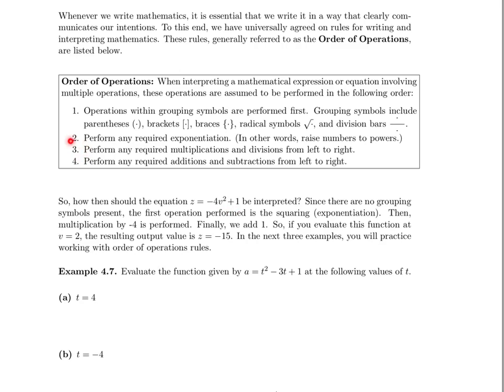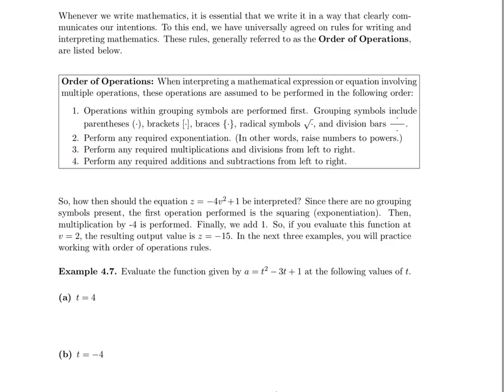Next, let's move to 3. Perform any required multiplications and divisions, left to right. Well, in this equation, there's one multiplication to perform, namely multiplying by -4. So that's the second operation to be performed in the flow diagram. Now we perform any additions or subtractions left to right. In this equation, there's one addition to perform, namely adding 1.